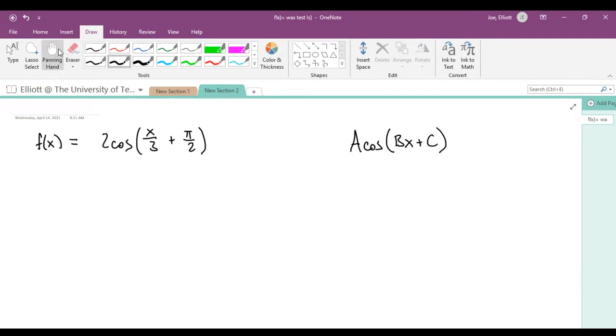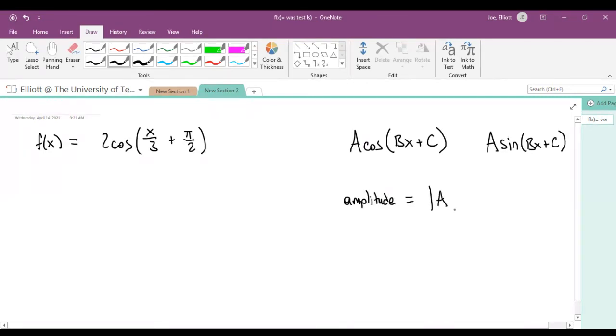For cosine and sine, if you have a sine or cosine function of one of these two forms, in general, the amplitude is going to be the absolute value of a, where a is the coefficient of the cosine or sine. So in this case, the amplitude is going to be 2, because 2 is the coefficient of the cosine that we have here.